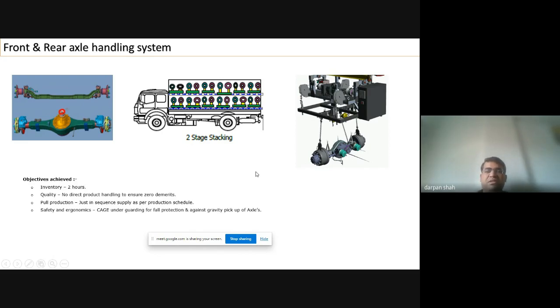Here also we have a conveyorized assembly truck which is used to supply axles, and then we have a very automated hoisting arrangement. So basically automation is done where we need to eliminate all the 7 wastes so that the system becomes very lean.